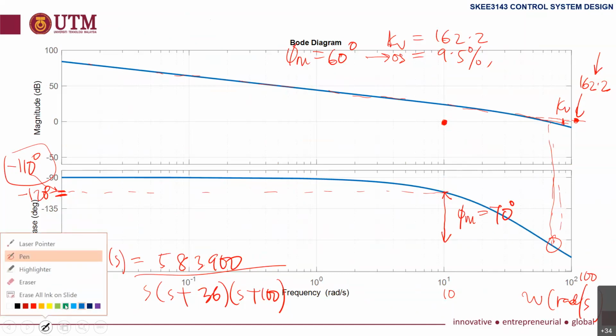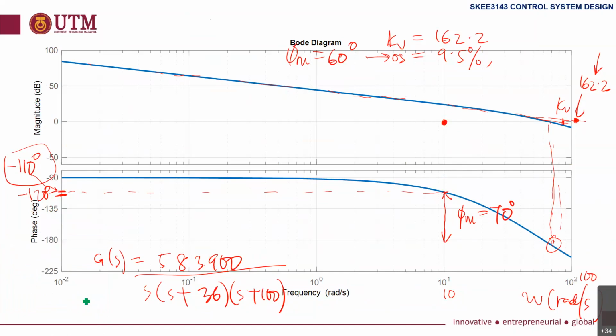In gain adjustment, we can also obtain 70 degrees by reducing all, shifting the magnitude by the same dB.